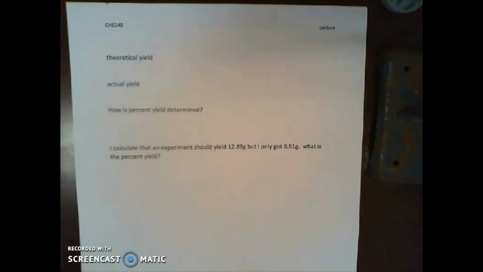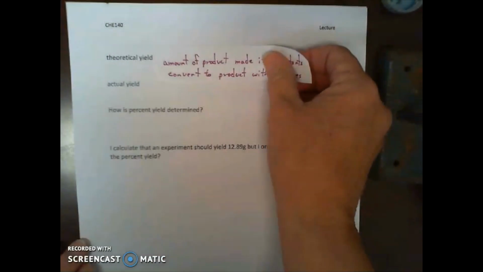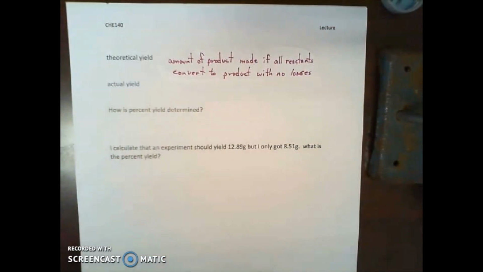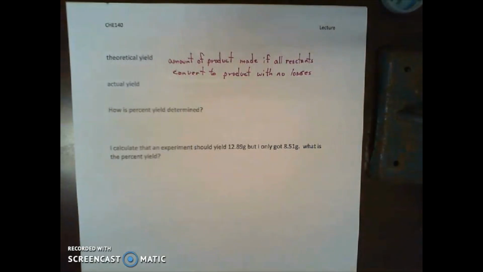And so here are some other terms that you will hear in chemistry. One is the theoretical yield. The theoretical yield is the amount of product that could be made if all the reactant was converted into product with no losses. So the theoretical yield is something that happens only in an ideal world, because we always have a few side reactions occurring, and some of our product will be stuck to the glassware or lost in a filter.